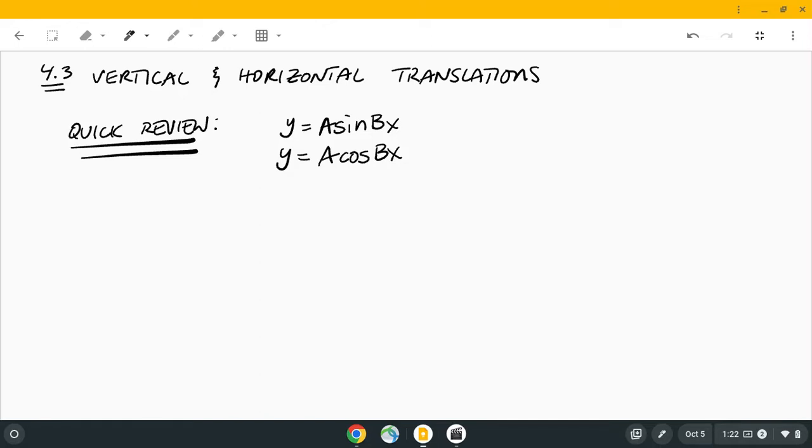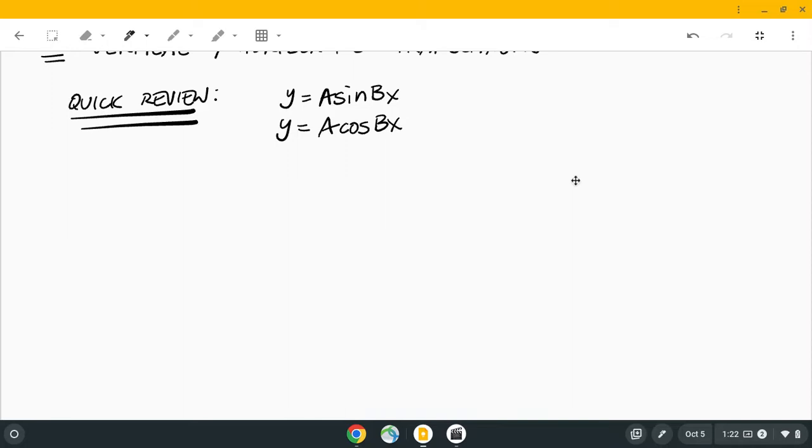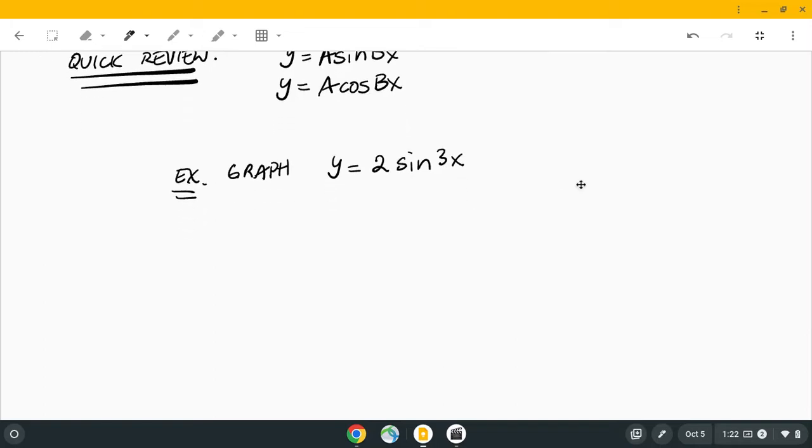So let's graph y equals 2 times sine 3x. Last time it was either just 2 sine x or just sine 3x, but now we have both happening.